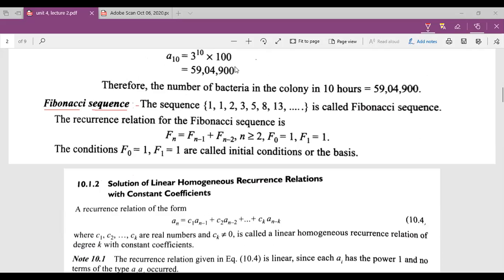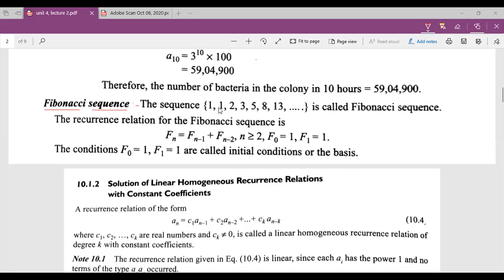The recurrence relation for Fibonacci sequence is Fn is equal to Fn minus 1 plus Fn minus 2, with the condition n greater than or equal to 2 and initial conditions f naught is equal to 1 and f1 is equal to 1.